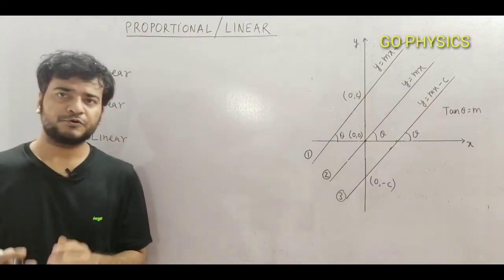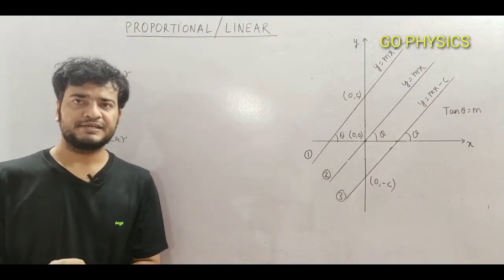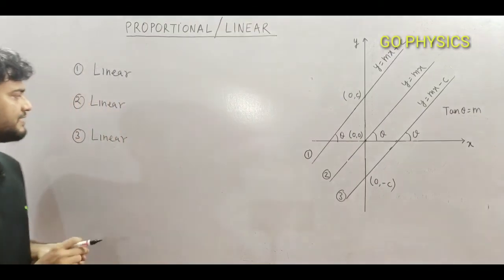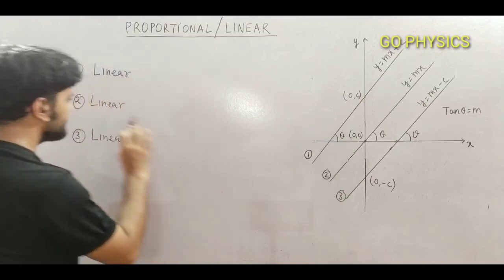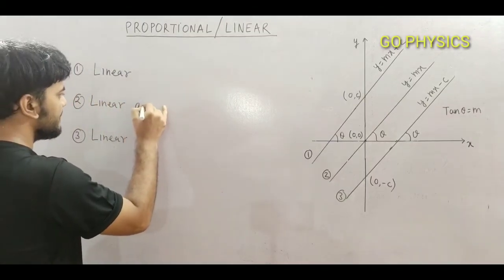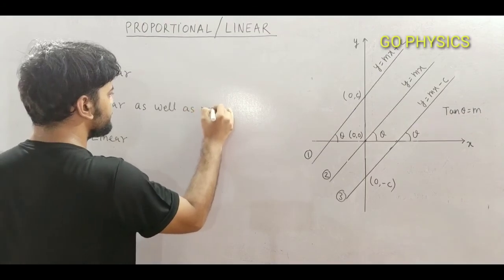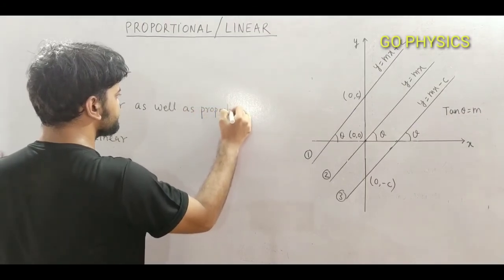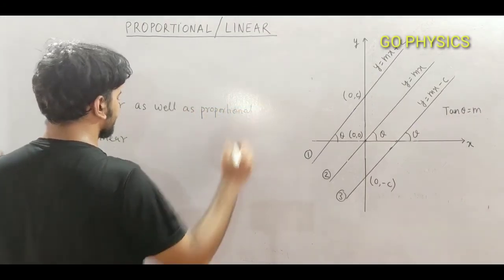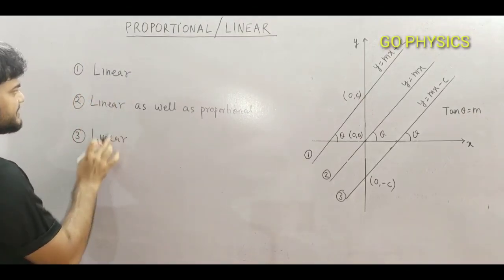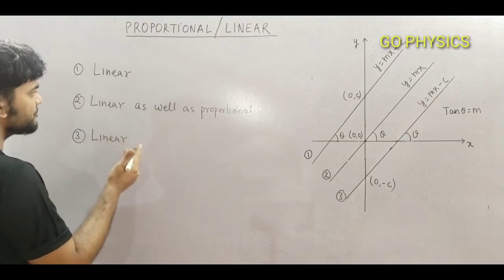And in proportional relationship we learn that the line will pass through the origin. It means that line 2 is linear as well as proportional. But if we talk about line 1 and line 3, then they are only linear, they are not proportional.